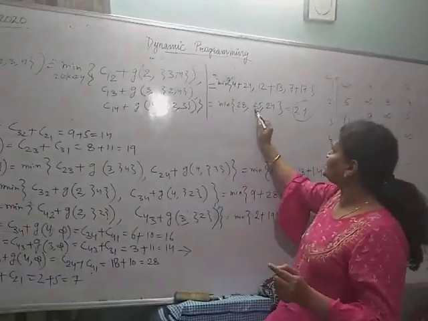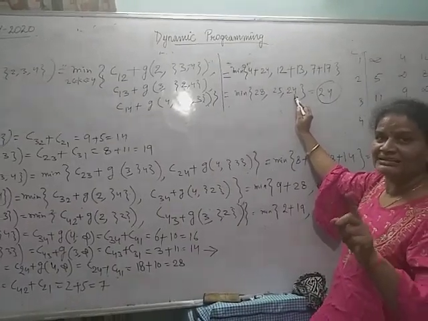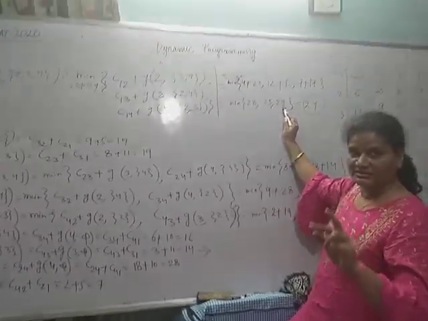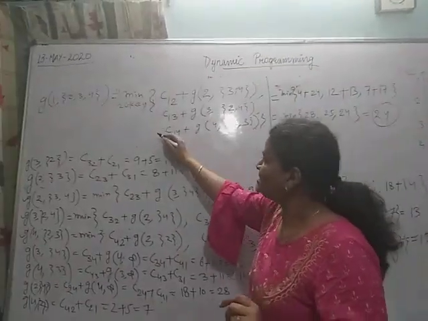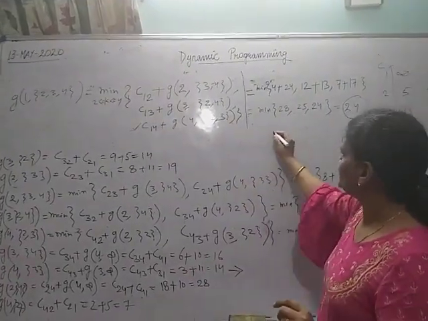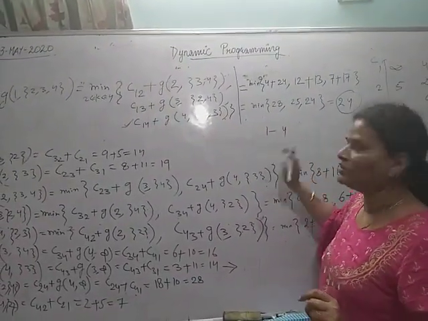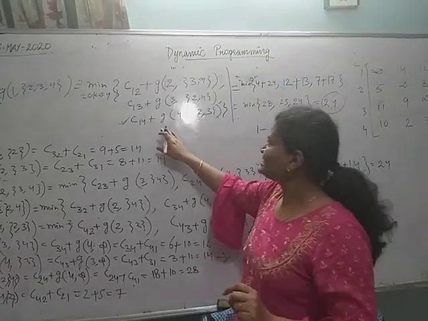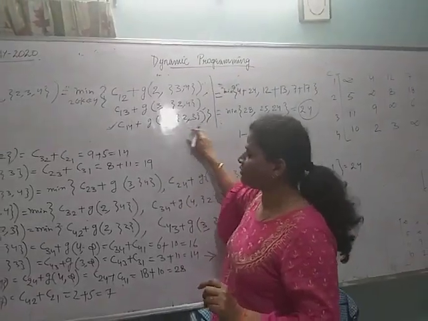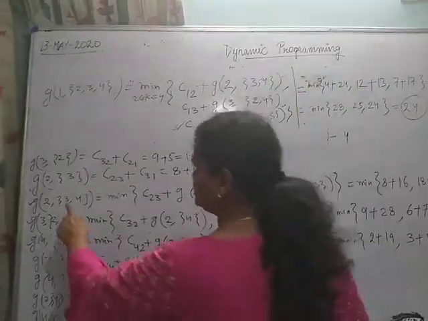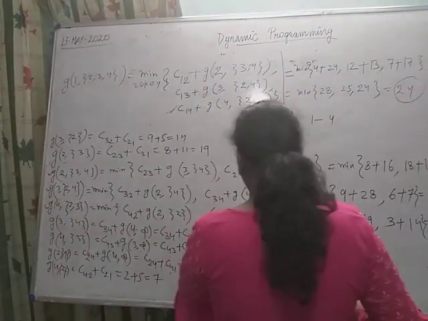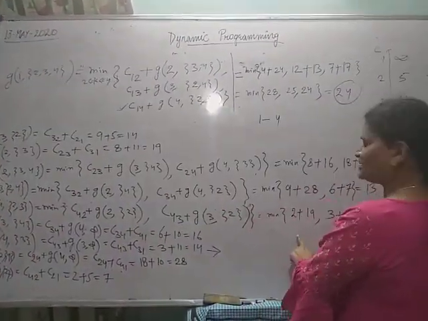So here 28, 25, 24, this third entry is giving the minimum entry.